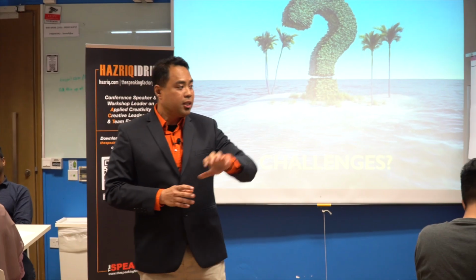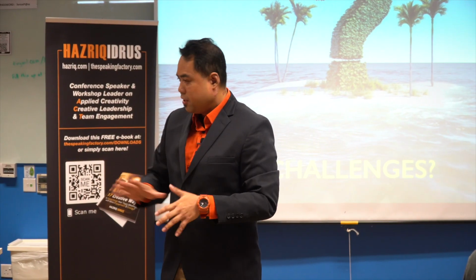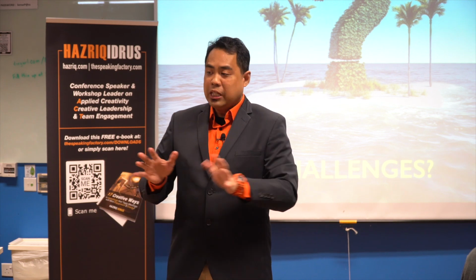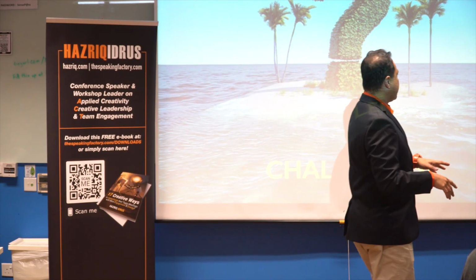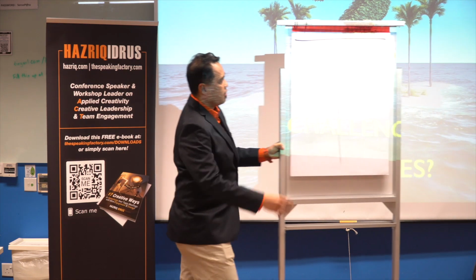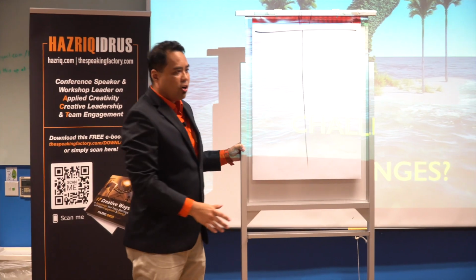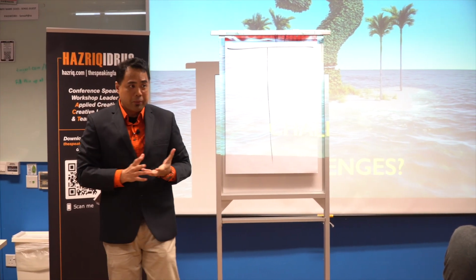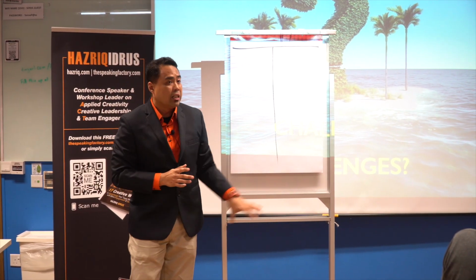All right, by now you should have your challenges written down. So what's next? Within the group itself, look at your friends' challenges, and then list those challenges into 2 categories: external problems and internal problems.